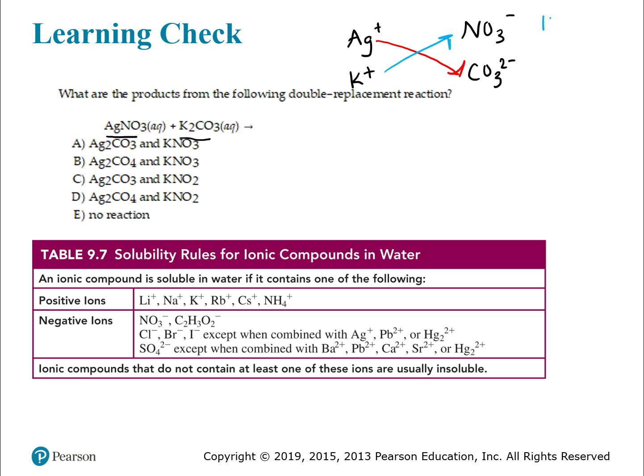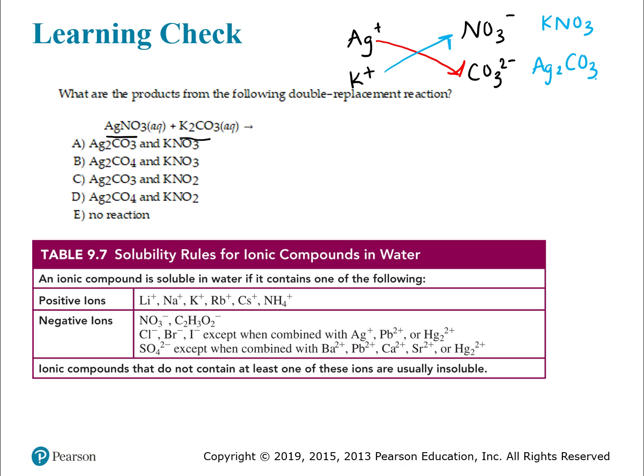So we can form two new compounds. If we form these two new compounds, we have to see whether or not one of these is going to be soluble or insoluble.